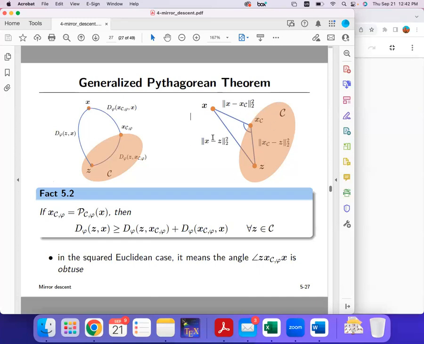In the Euclidean case, if you project a point onto a set C, imagine this is a hyperplane, then you know that in this triangle, the distance of this line would be bigger than the sum of these two.